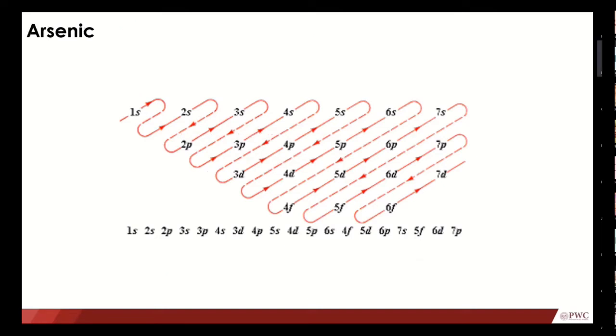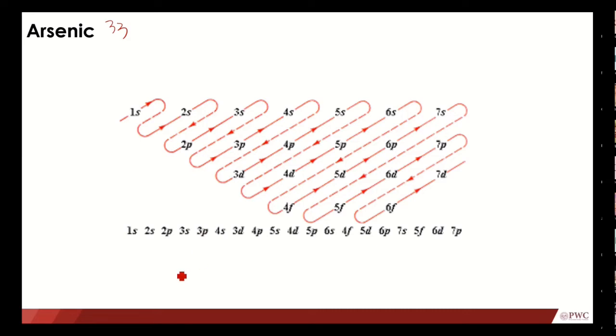None po, sir. Next, arsenic. How many electrons are here? 33 po, sir. 33, okay. Okay, let's write now. So just follow this one and let's make it shorter.